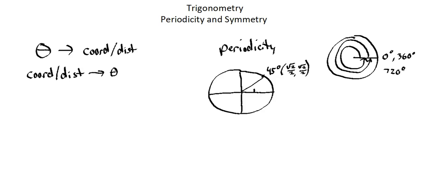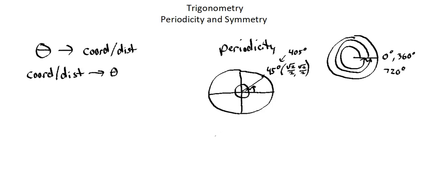This is 45 degrees, as well as any multiple of 360 degrees. I can go all the way around the circle to 360 and an additional 45, so I have the same coordinates at 45 as well as at 45 plus 360, 405 degrees.